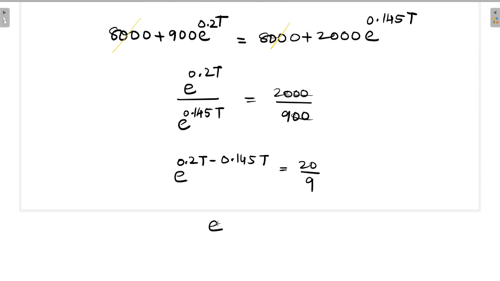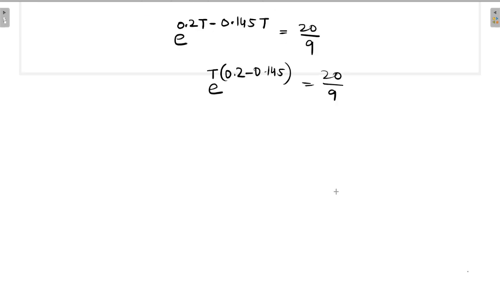So e power t times (0.2 minus 0.145) is equal to 20 by 9. After subtraction, e power 0.055t is equal to 20 by 9.